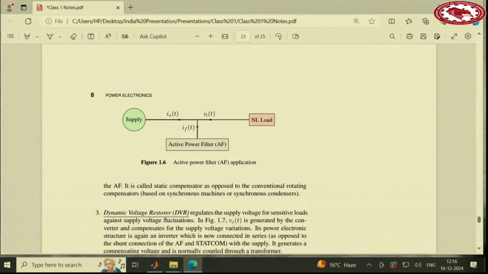It's basically when you have a load connected to the power grid, and that load is a nonlinear load. A lot of loads that we have are nonlinear loads. And a load is nonlinear when the current that it absorbs from the power grid is not sinusoidal. So this current is not sinusoidal, it's distorted.